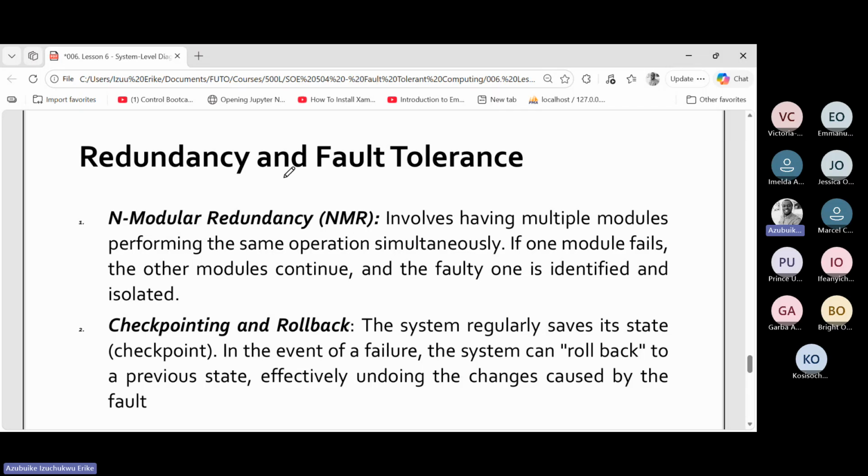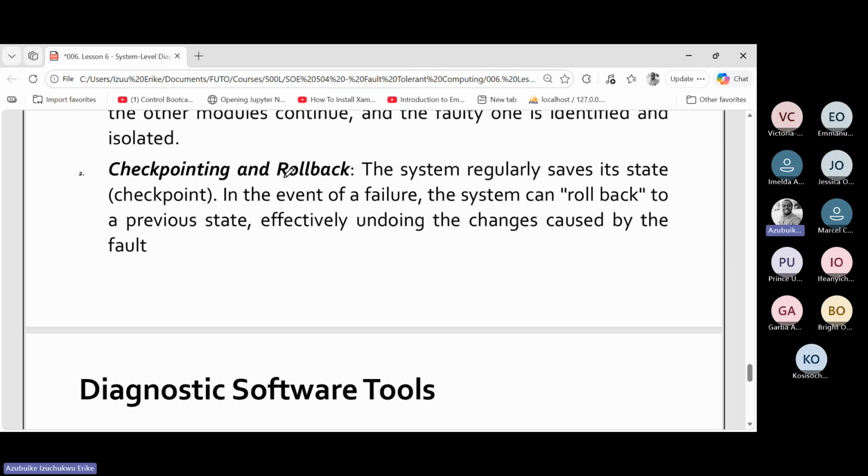Now, this is majorly operational in software systems, because if a hardware is already bad, you may not be able to roll back, because it has to do with something physical. It has gone bad. The only thing at that point is to replace that particular part.